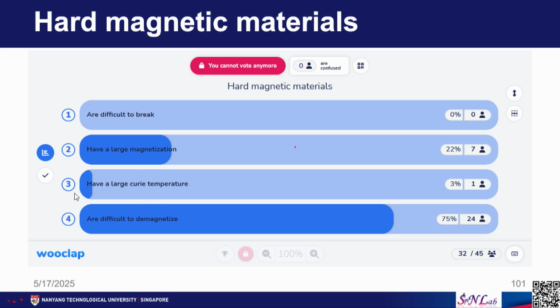Okay, most of you are right. The correct answer is hard magnetic materials are difficult to demagnetize.